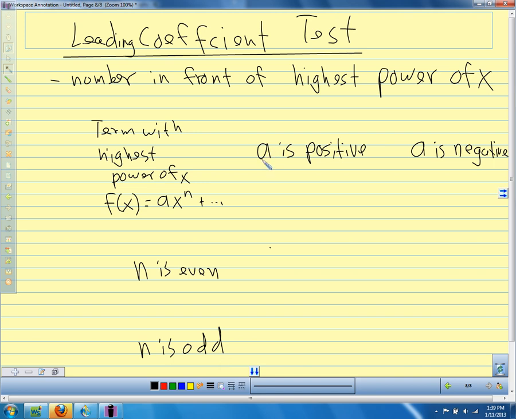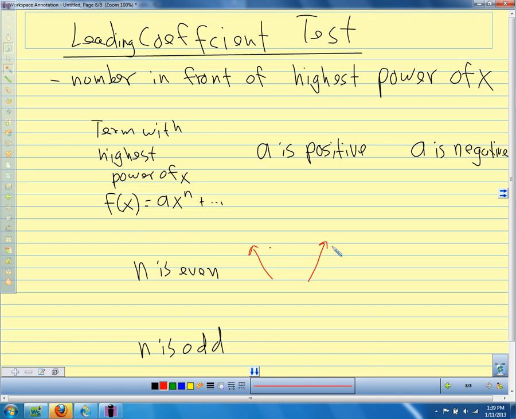If our leading coefficient a is positive, so the coefficient on our highest power of x is a positive number, and our highest exponent is even, our end behavior is that our function eventually on the left goes up, and on the right it goes up.